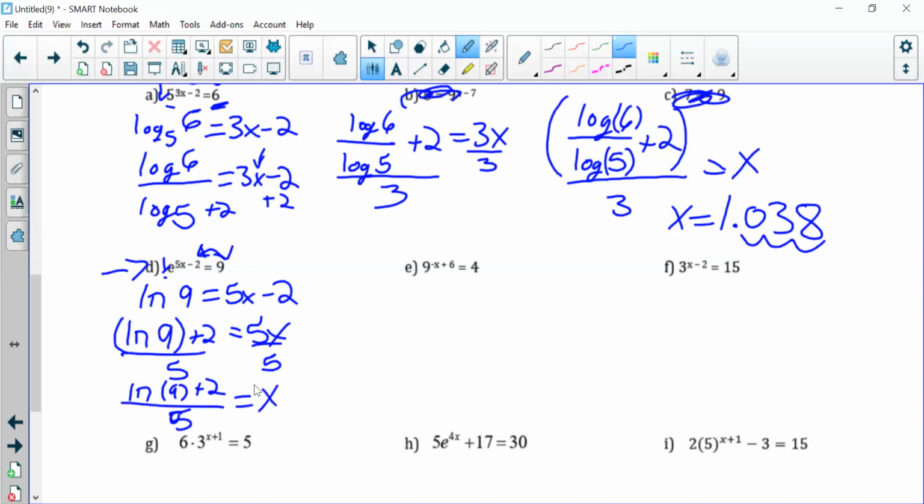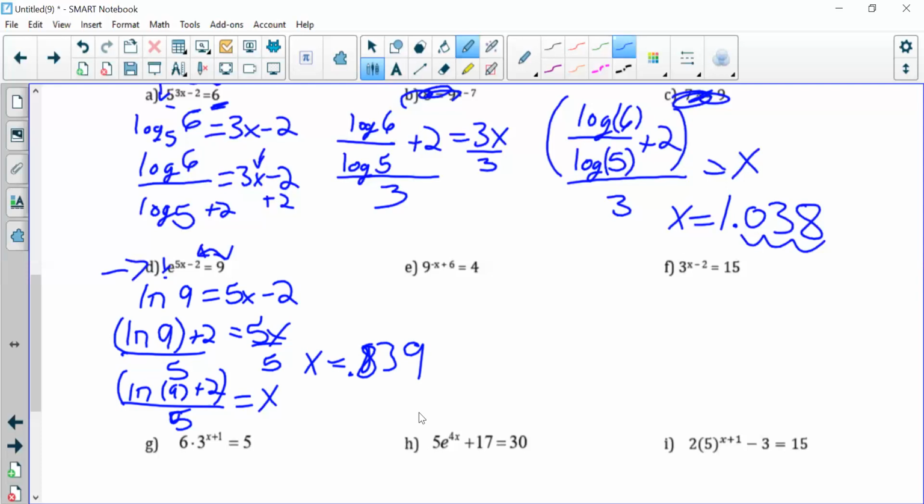And then we plug that into our calculator. Remember parentheses for your entire numerator. So open parentheses, natural log button of 9 plus 2, close that parentheses, divided by 5 equals, so x equals 0.839. So use parentheses, round to 3 decimal places.